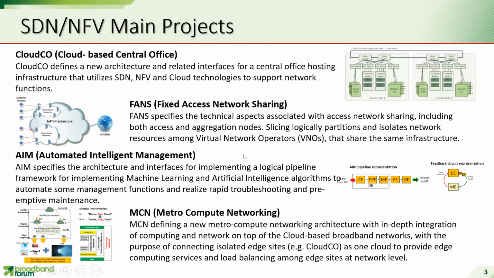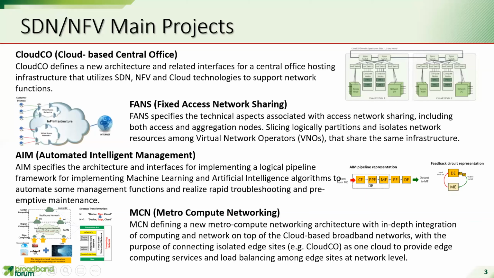Next, we have the automated intelligent management. The automated intelligent management project specifies the architecture and interfaces for implementing a logical pipeline framework for implementing machine learning and artificial intelligence algorithms to automate some of the management functions and realize rapid troubleshooting and preemptive maintenance.